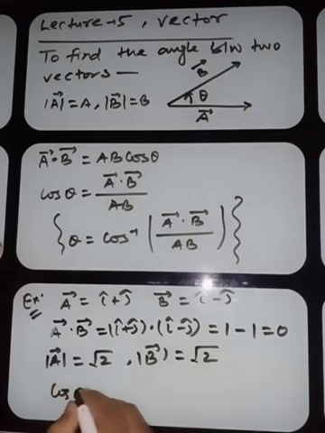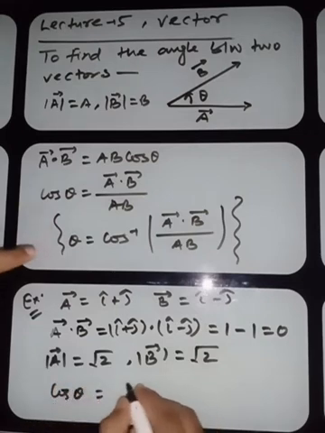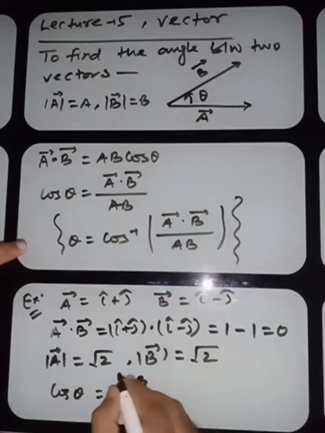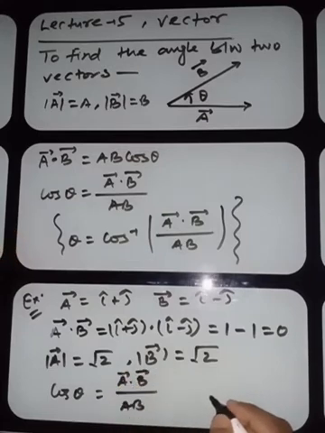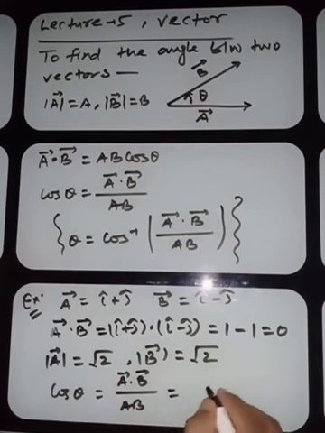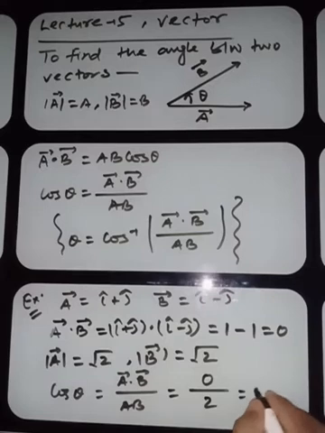Cos theta, according to the formula, is A dot B divided by mod of A and mod of B. Here the numerator is 0, so cos theta is 0.